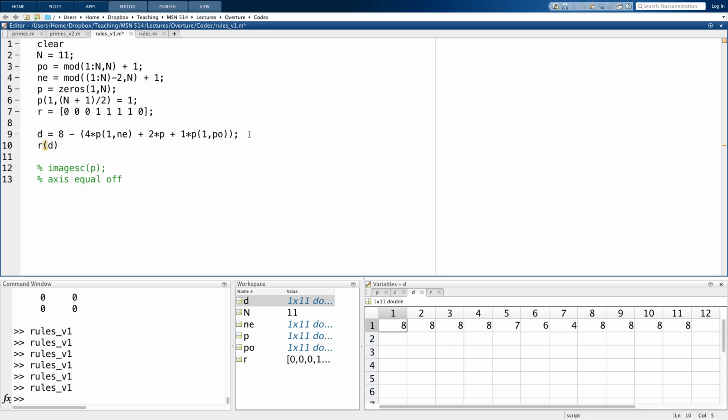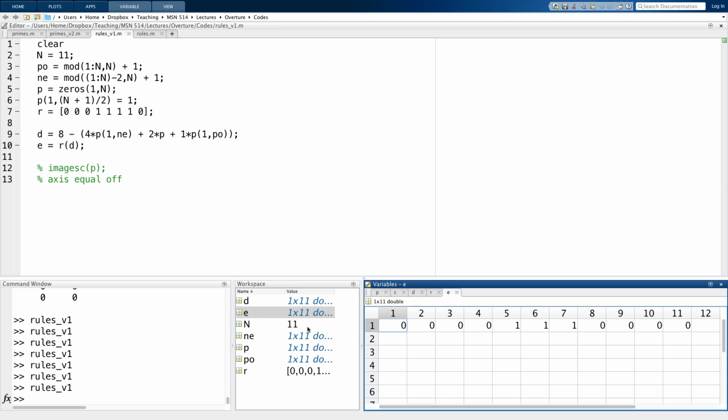What will it give me? Let's call it E. It gives me a bunch of zeros and ones, right? But how did we get this? R of D gives you zeros and ones.